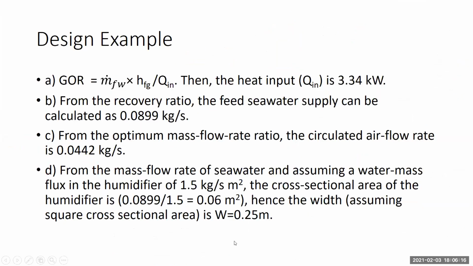So we made use of this value. We could get the value of Q, 3.34 kilowatts. We get the feed seawater supply, m dot water, and we got m dot air.